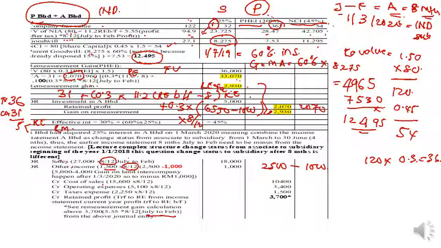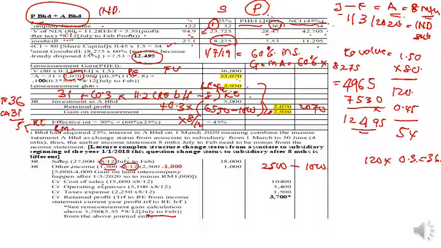The amount of net income that we have in A here is 6550. We need to minus 1000, because 1000 is the URP for the sales of land.